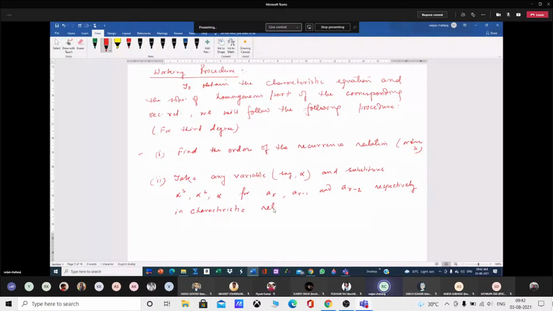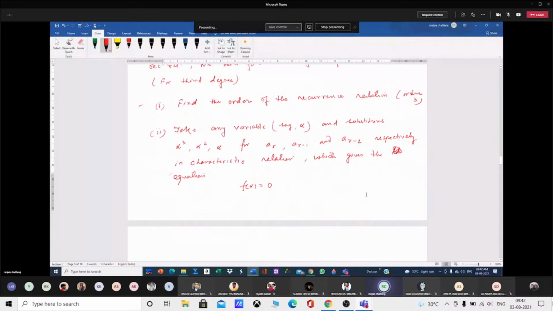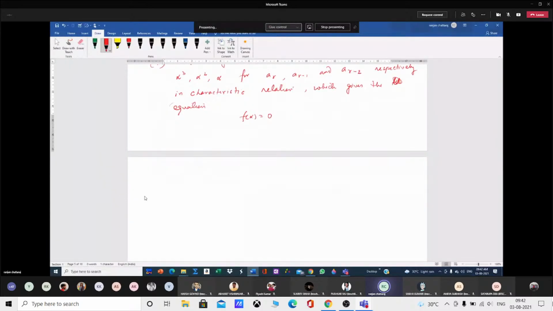Relations or equation, whatever may be, which gives the equation you write. F(alpha) equals 0. Okay. Third, simple thing.